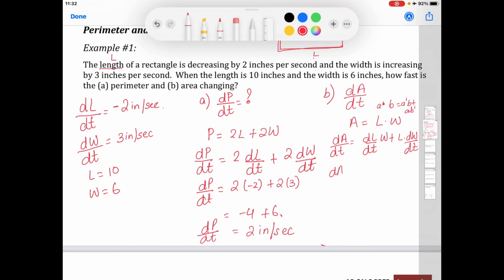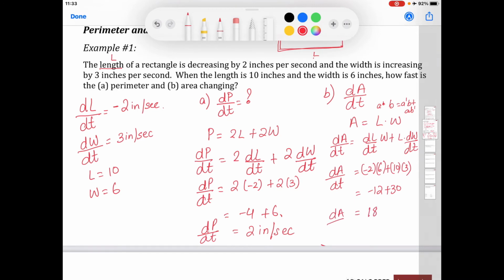Now you want to substitute in the values because I want to find my rate of change of how fast the area is changing. So dL over dt is negative 2 times my width, 6, plus my length, 10, times 3. So negative 2 times 6 is negative 12 plus 30, which is 18.